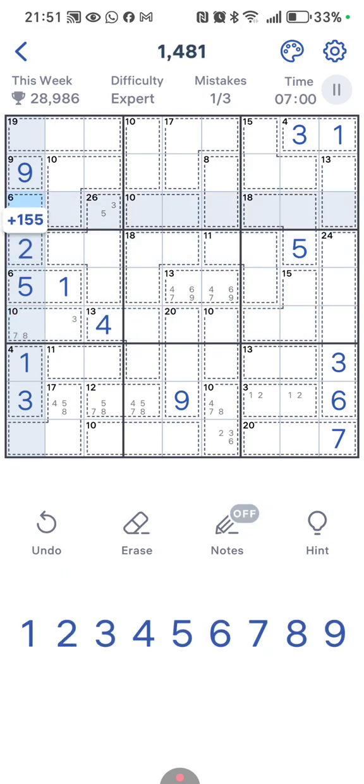That's a 2. That's a 4. That's a 3. So that's a 3. And that's a 7. Okay. So 1, 2, 3, 4, 5. So it's 6 and 8.